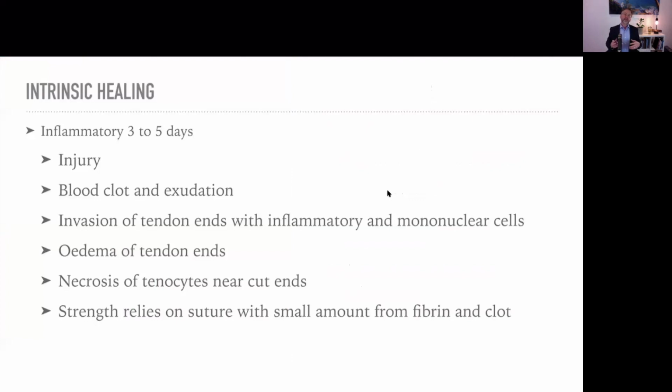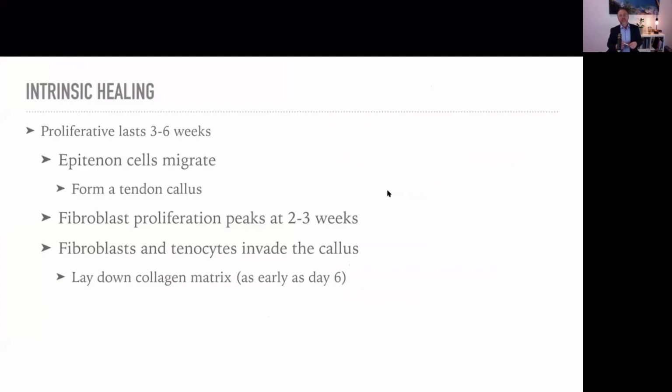The timing is fairly similar to most wound healing. So we have an early inflammatory phase with the injury, then blood clot and early inflammatory infiltrate. They get a little bit of dieback at the tendon ends, and the only strength you have there is, well, suture if you put it in, a little bit of fibrin and clot. The proliferative phase is 3 to 6 weeks, and that's when you're really starting to look at formation of a tendon callus and real fibroblast proliferation, which is really starting to pick up and peak at 2 to 3 weeks.